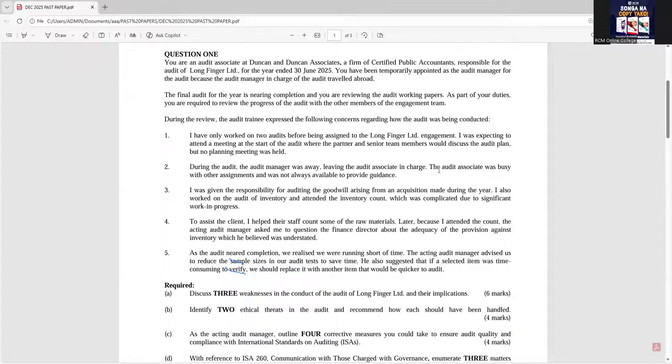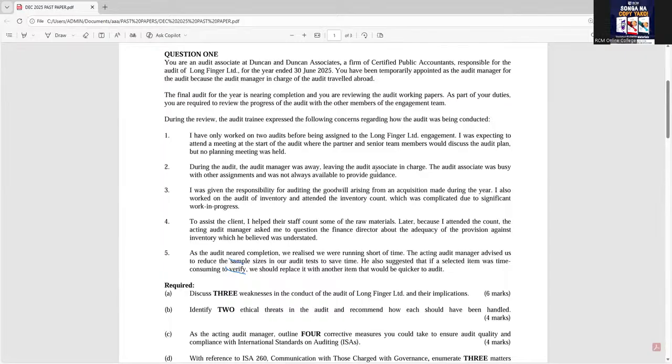The second point is that this associate or trainee lacked relevant experience and expertise to conduct an audit on complex operations, such as determining goodwill. Then lack of adequate supervision. No guidance was provided to the team involved in the assignments, because the audit manager was very busy handling other assignments.